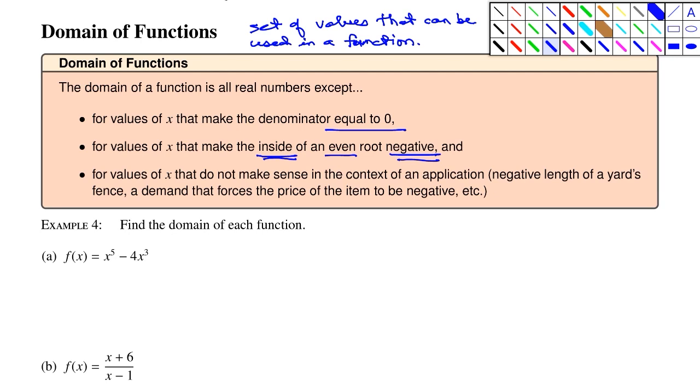That's a no-no. And then the last one is what I was referring to earlier, the values of x that do not make sense in the context of an application. For example, negative length of a fence, a demand that forces the price of that item to become negative, things like that. We just can't have those. So we exclude those as well.